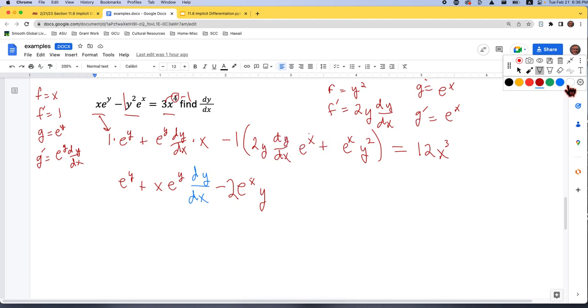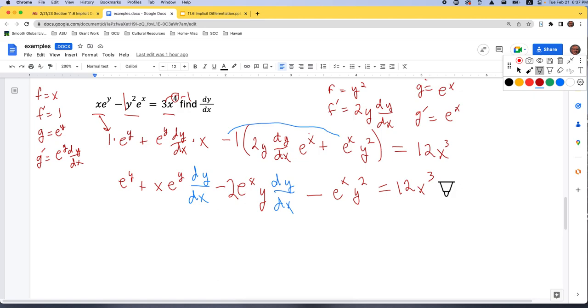And then I've got this dy dx, which I'm going to do in a different color, because it helps me see what I have to get together. And then I'm going to take this -1 times this thing over here, so that plus becomes a minus, and it's already in good order, e to the x, y squared, and this is just fine, 12x to the third.